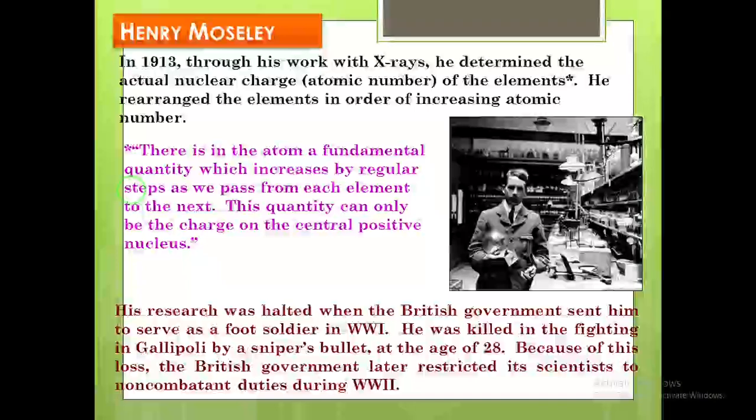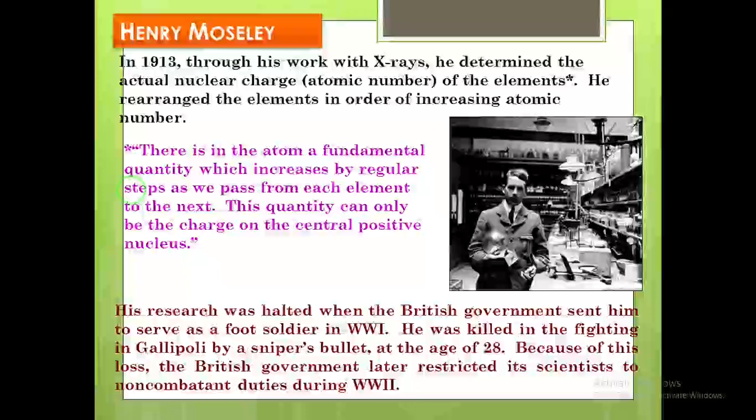A few years after, in 1913, Henry Moseley, through his work with X-rays, determined the actual atomic number, or nuclear charge, of the elements. He then rearranged the elements in the order of increasing atomic number.